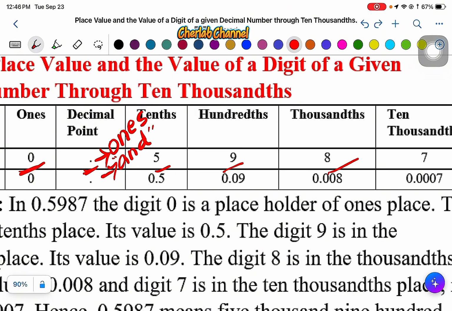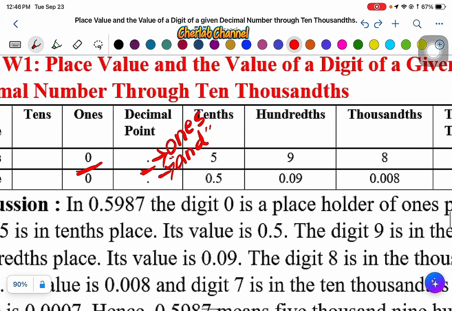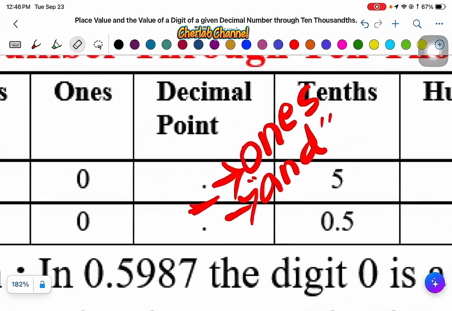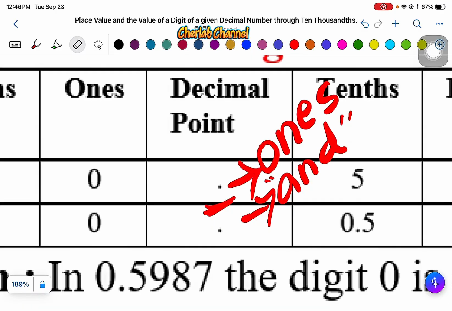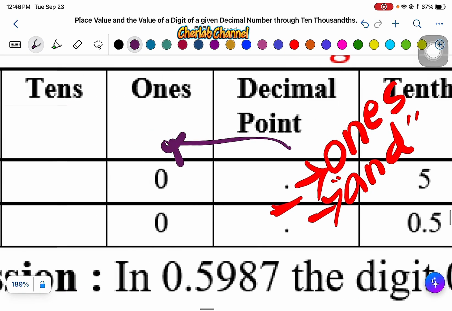5,987. Now, since our first digit in the whole number is a 0, paano ko nalamang whole number? After siya ng decimal point. Here is our decimal point. Nandito siya papuntang left, 'di ba? So this one is a whole number, 0.